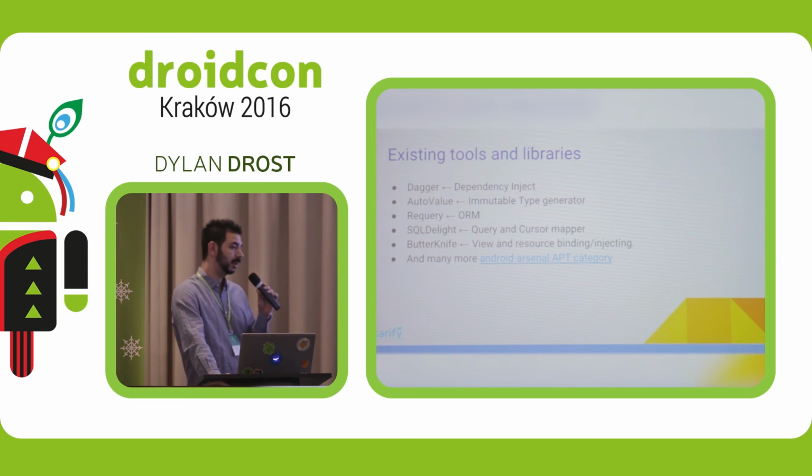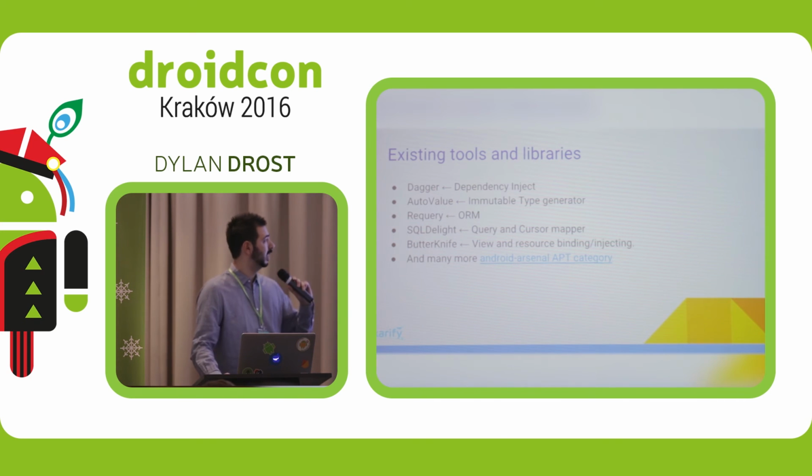For instance, AutoValue creates immutable types of your data classes. This is a library created by Google, and they have a whole family of auto libraries which do service generation, factory generation. This one makes your classes immutable, which is a nice thing to have sometimes.